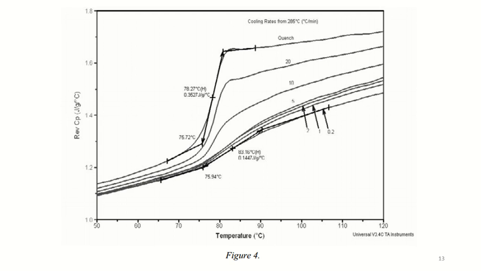This is one of the most difficult measurements that differential scanning calorimetry can perform. The transition is small and often hidden by small variations.